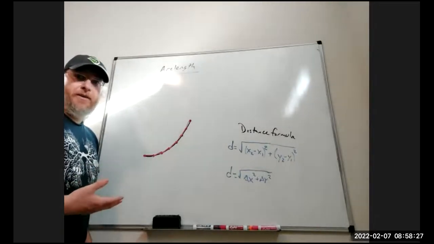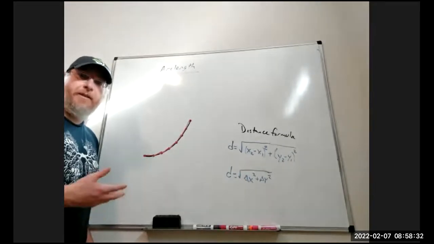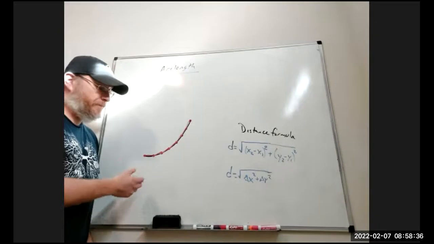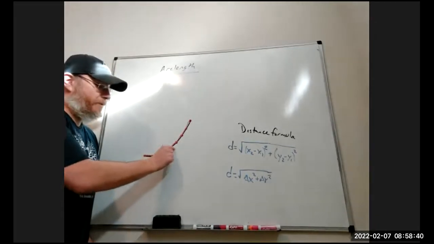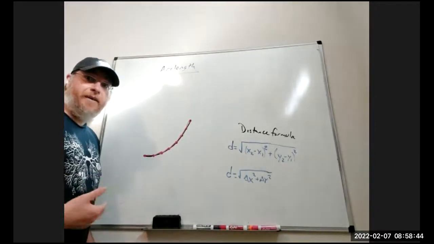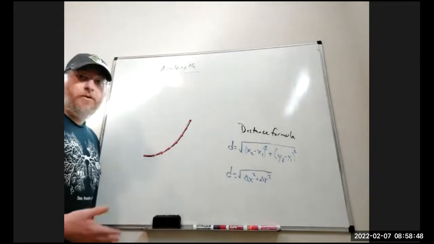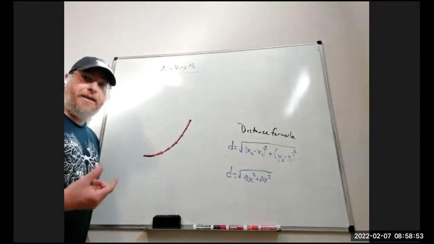And then we went to, well, let's just take a limit so that we have an infinite number of them. And the next thing you know, we have an integral. Well, that's what's going to happen here. This is going to turn into an integral because we're adding up all of the line segment lengths until we have basically an infinite number of them. So it's exactly the same approach. It's just this time, instead of adding areas, we're adding arc lengths.